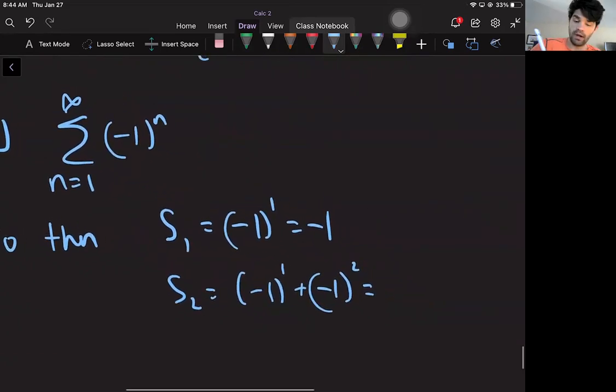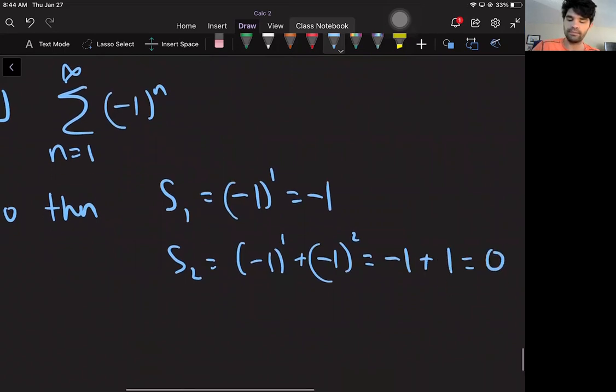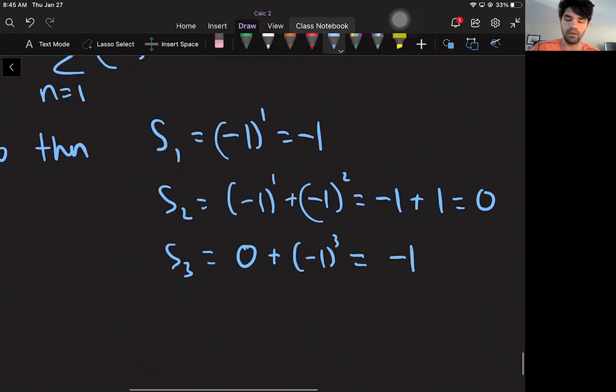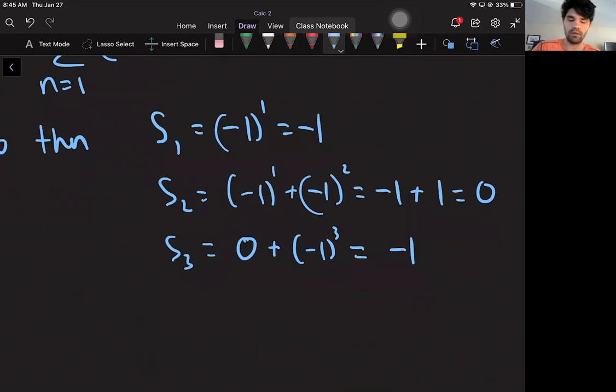But what happens when you square -1? It becomes +1 and you get 0. So S3 is just going to be the previous one plus the next one. So I'll just put that 0 there that we already figured out. And then that -1 to the third becomes -1. So you get 0 plus -1 is -1. And then S4 is -1 plus the next one. But that's going to be -1 plus 1, which is back to 0.